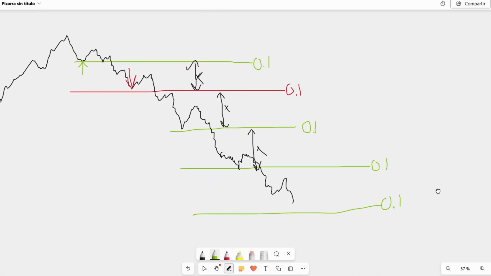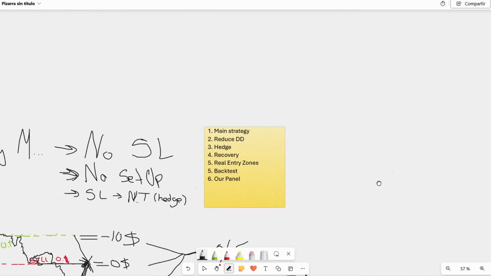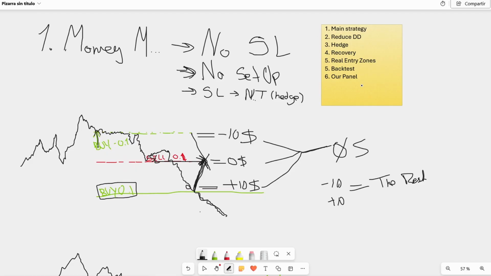I'm going to say we're using part of the grid strategy, but not everything. Why are we not using everything of the grid strategy? This is the good part. We are now entering the second part of the strategy. So the main strategy you know already, at least the first simple part.